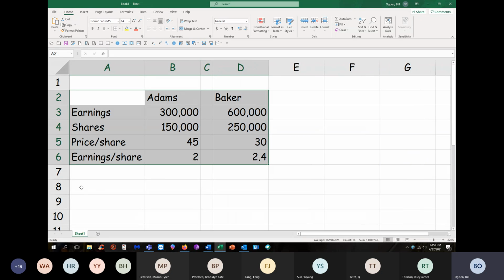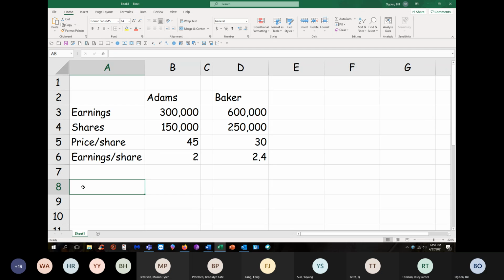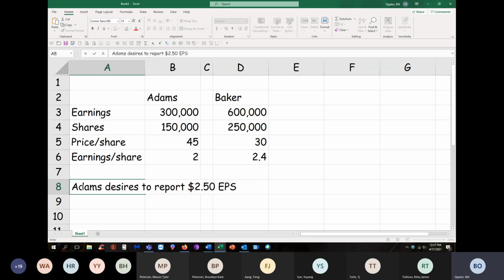All right. So what are we doing here? Well, Adams wants to report $2.50 in earnings per share.